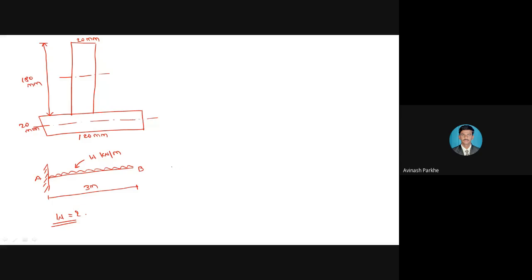For that purpose, this one sentence is given: if allowable stresses in bending for tension and compression be 120 megapascal and 100 megapascal respectively.